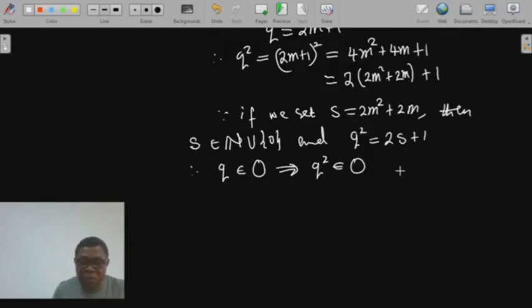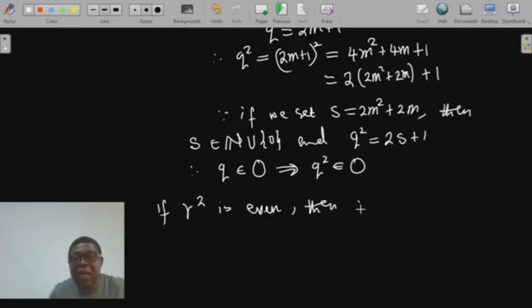The converse of what we've done above also holds, in the sense that if R is a number so that R squared is even, then R is also an even number.